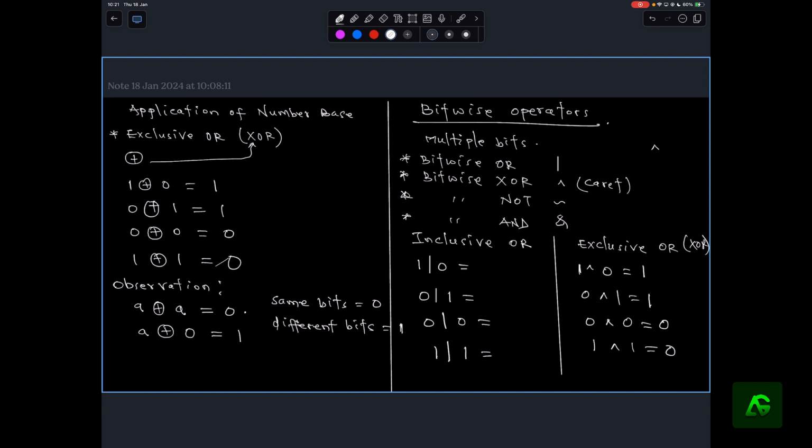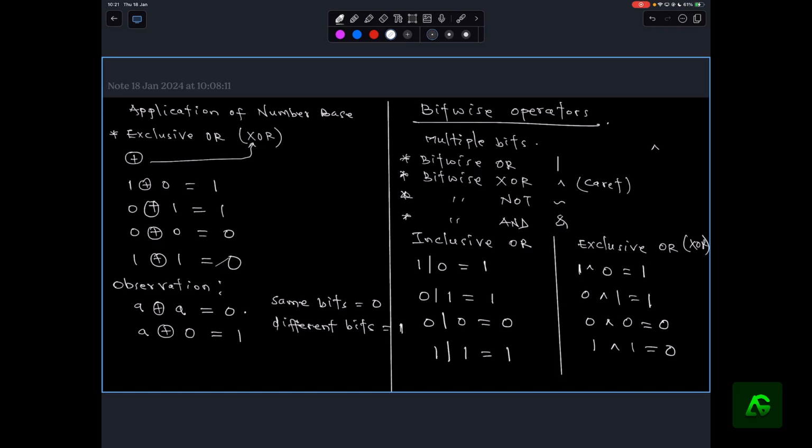When you have different bits, the result is 1. When you have the same digit, 0 OR 0 is still 0, and 1 OR 1 is 1. Do you understand?